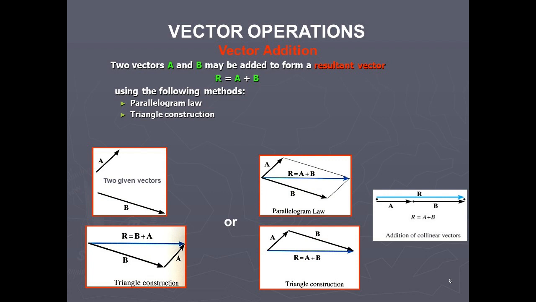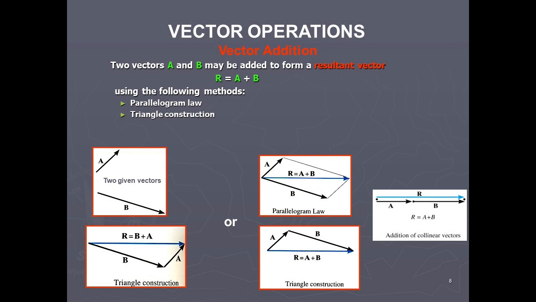You can see, you join the vectors head to head. Sorry, tail to tail. And then the diagonal also joins the vector from tail, okay? And then it forms the resultant. This is the parallelogram law. We mentioned that the diagonal divides the parallelogram into two equal triangles. So you now apply the triangle construction. You take any one of the triangles.